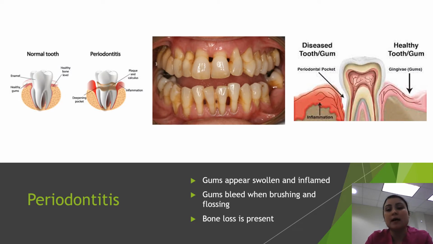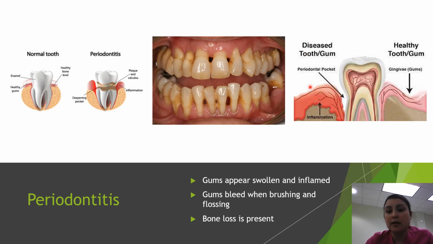Okay, so periodontitis. With periodontitis, you're going to see gum swelling like you do with gingivitis. You're going to see bleeding when you brush and floss. But the difference here is that you're also going to have bone loss. So on this cartoon picture here, we can see that on one side we have health, where we have the gums nice and pink, and the bone level is nice and high to the tooth.